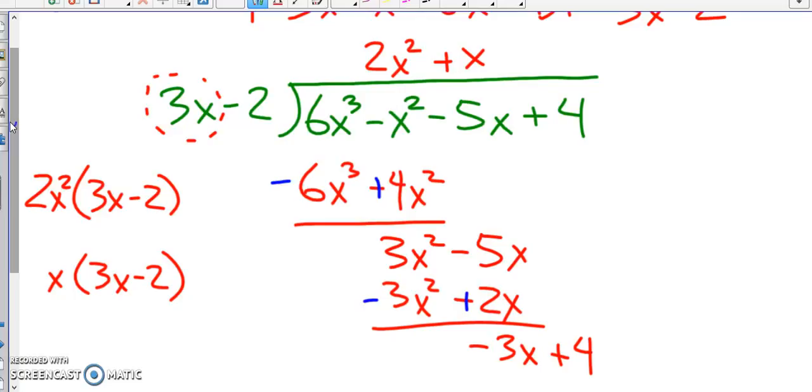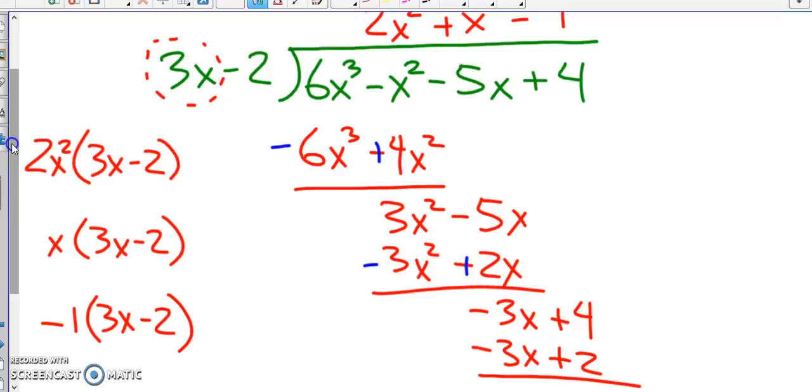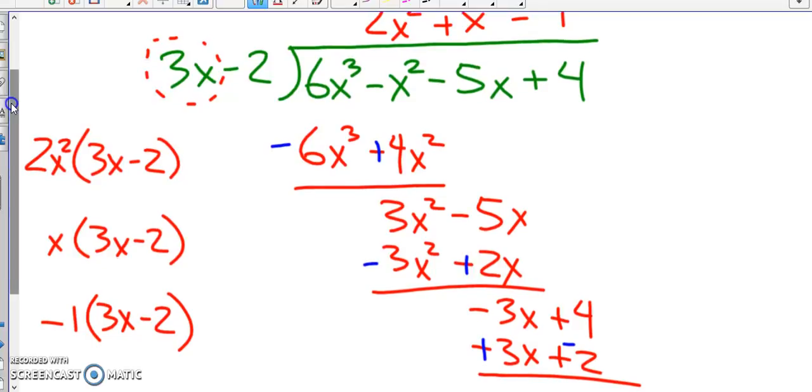How do I make 3x into negative 3x? Negative 1. So if I have negative 1 times 3x minus 2, that's going to be negative 3x plus 2. Change the signs, add, and you get 2, right?